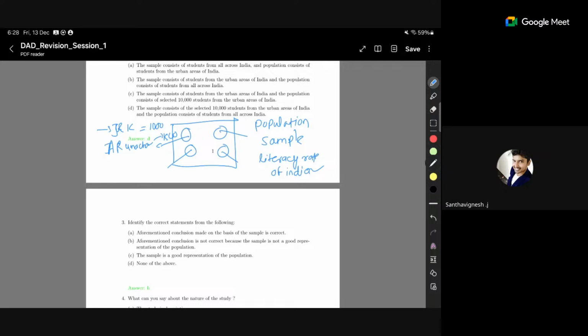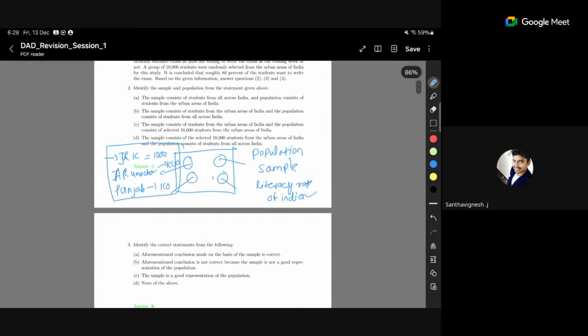Generally we take 30, but you can take any number; more than 30 is a fine number. Then you can go to Punjab and collect a few more. This becomes your sample. You will collect from maybe all of the states or a few of the states, depending on the study.